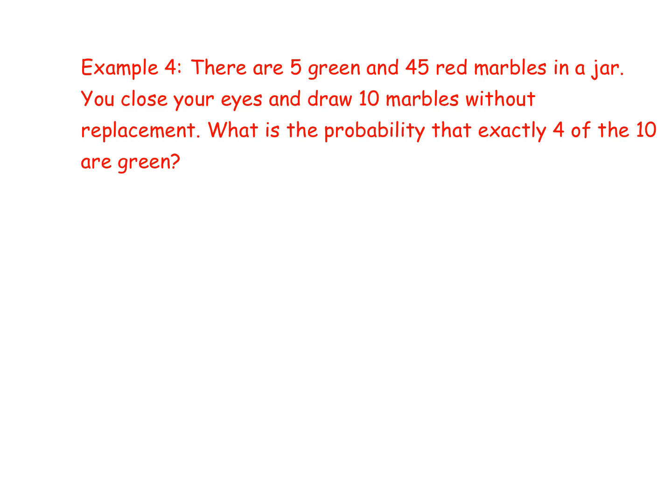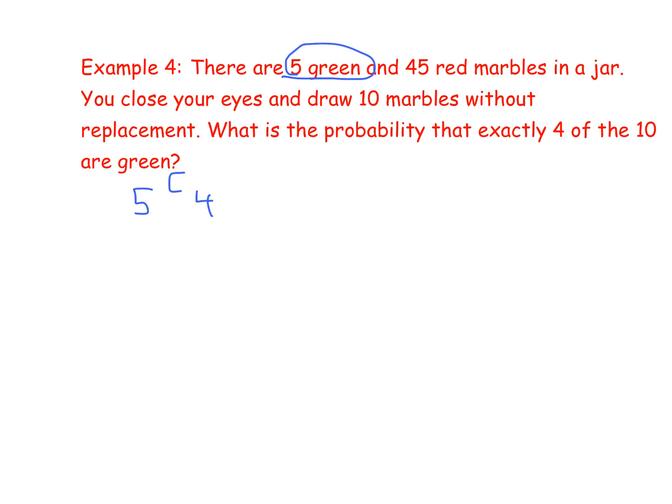If we have 5 green and 45 red marbles in a jar, then we're going to close our eyes and randomly draw 10 marbles, but we're not going to put them back in the jar as we take them out. So the probability that exactly 4 out of the 10 are green, that means that from the 5 green marbles, we want to choose 4.